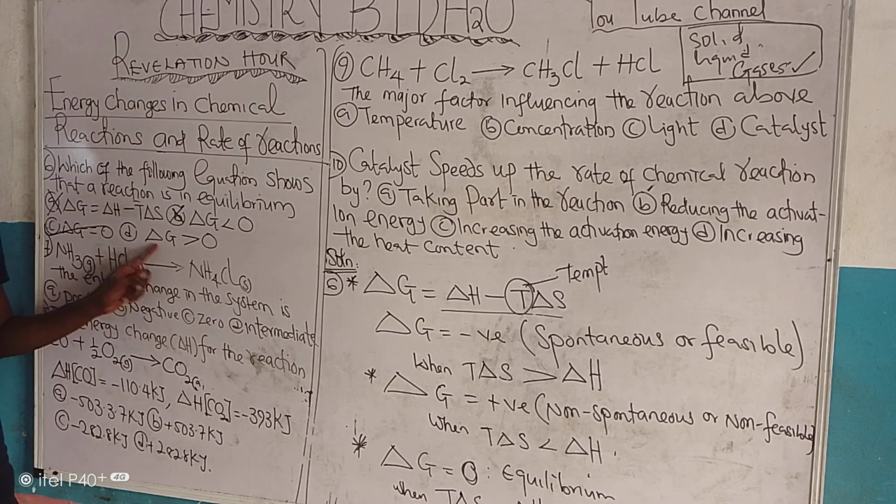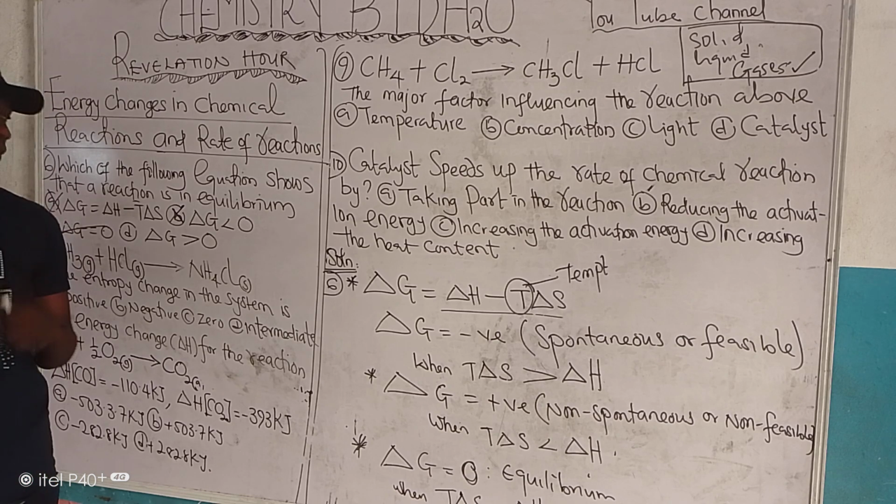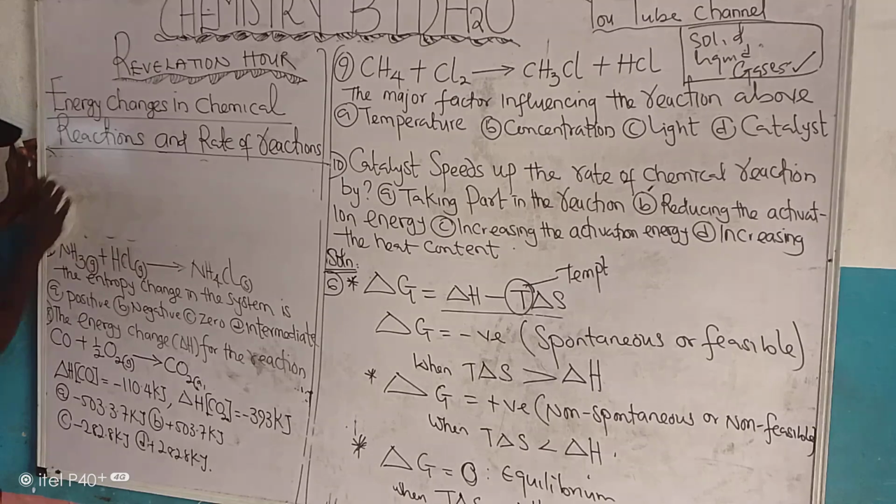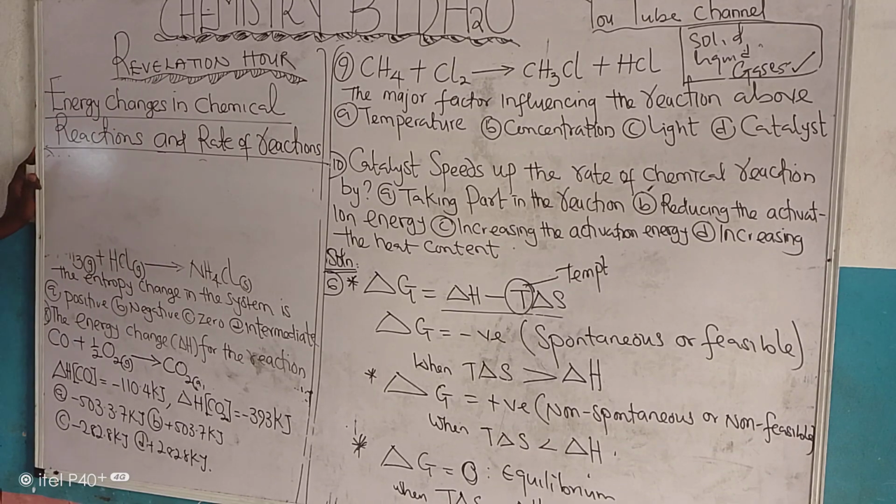Check out option D. If your Gibbs free energy is greater than 0, it means it is positive, and when it is positive, the reaction is non-spontaneous. I hope that this explanation will help you in understanding the effect of your Gibbs free energy in a chemical reaction. Please let us take question number 7.